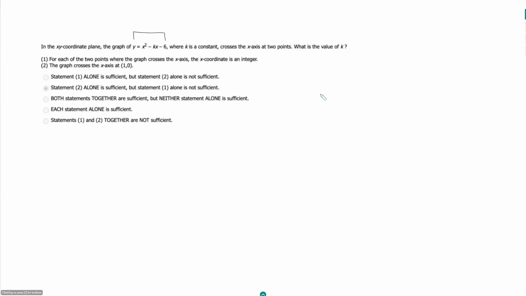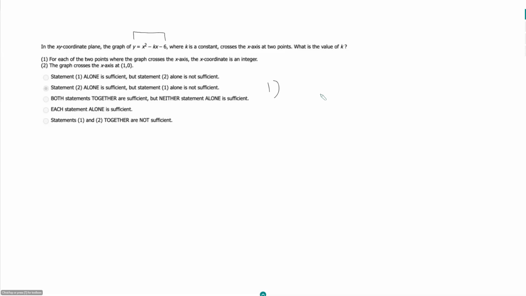They're helpful when they can be set equal to 0, because then they can be factored, and once they can be factored, it's easy to find our roots, our possible values for x, when we know that we're setting them equal to 0. And that is what we're saying here, because our x-intercepts are our values for x when y is equal to 0.